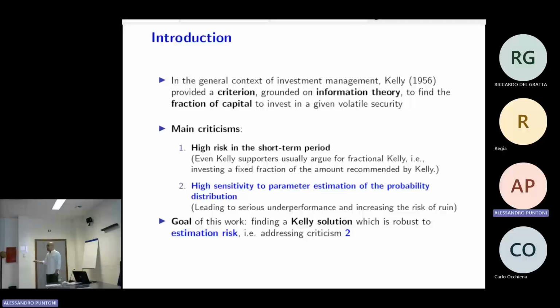However, there are two kinds of main criticisms to this solution. The first one is that in the short-term period, the Kelly solution is very risky. So there is some kind of heuristics that you can use to solve this.